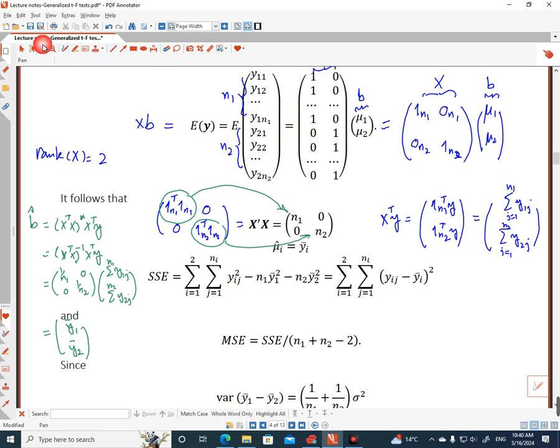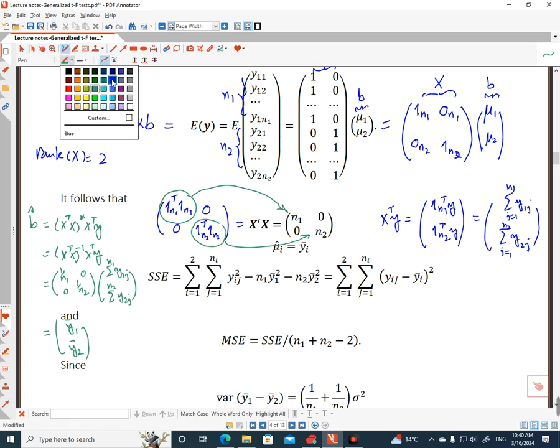That's why here we have mu hat i is equal to y bar i. So mu hat 1 is equal to y bar 1, and mu hat 2 is equal to y bar 2. Remember here, this guy is actually mu hat 1, mu hat 2.